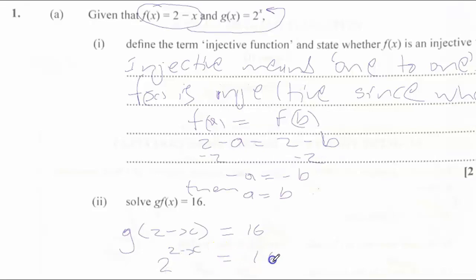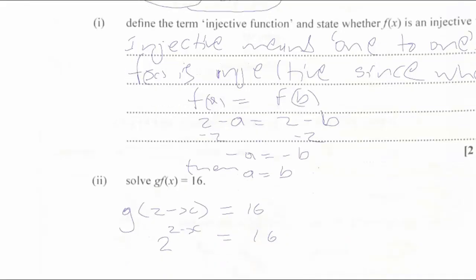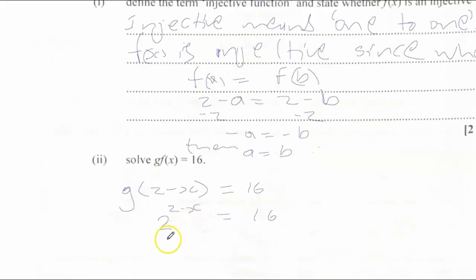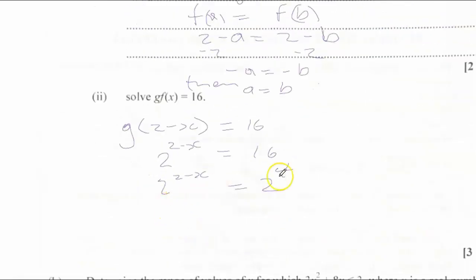That's equal to 16. Now, we have an exponential equation here, so we're going to rewrite 16 with base 2, and 16 can be written as 2 to the power of 4. So since the bases are equal, we can equate the powers. Therefore, 2 minus x is equal to 4.